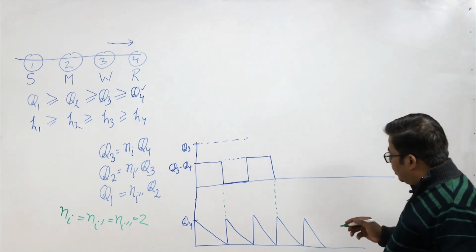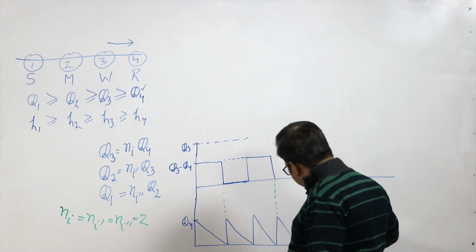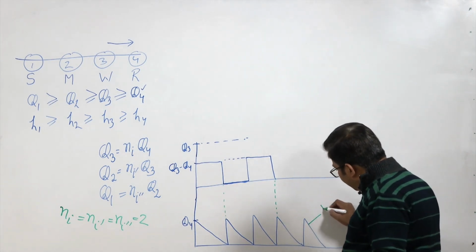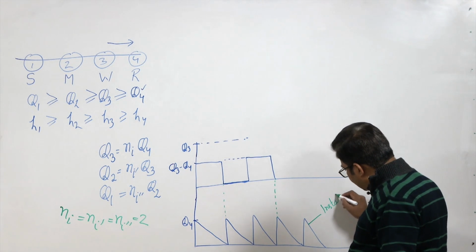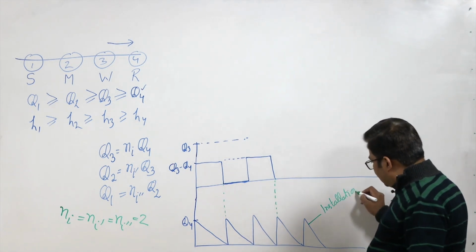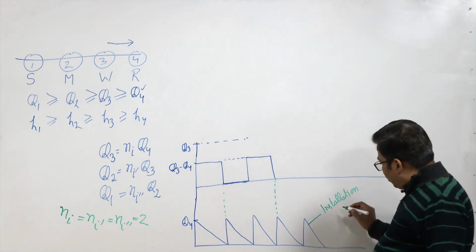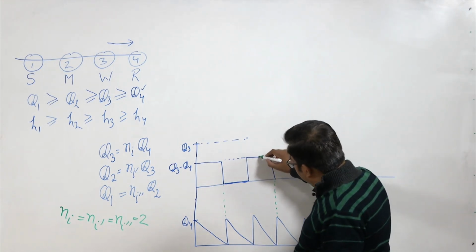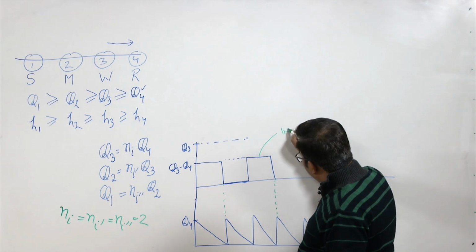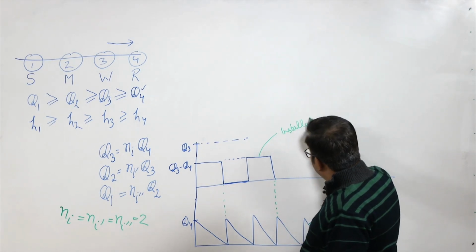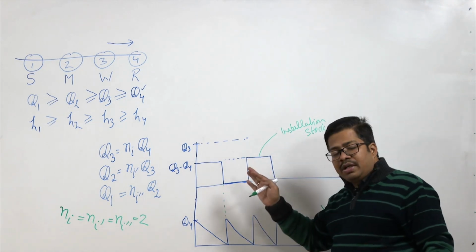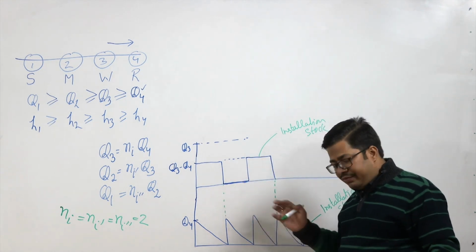Now these lines, the green line represents the installation stock. Last class also we discussed this. So here also, this is installation stock, that is, what is available at a particular stage 3 or stage 4.